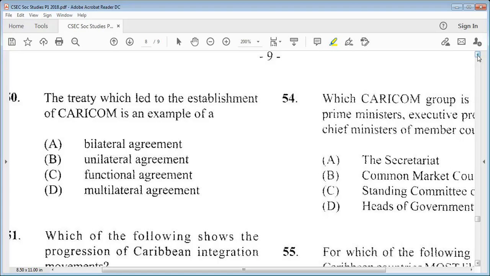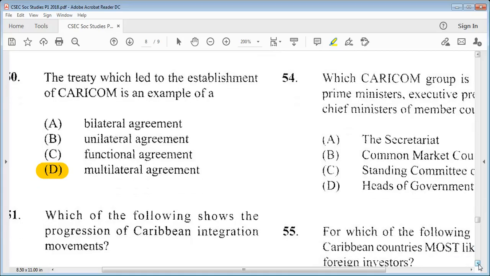Using the method of elimination, C would be out. A would be out, bilateral, we know it's between two nations in agreement. B, unilateral is one nation, but D is an agreement between three or more nations. So our answer would be D.